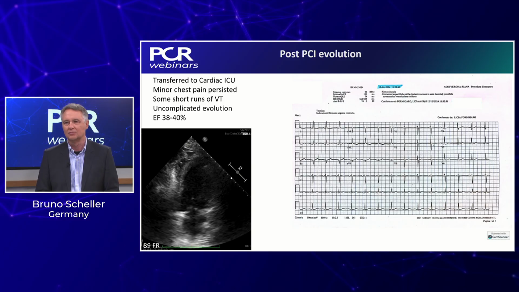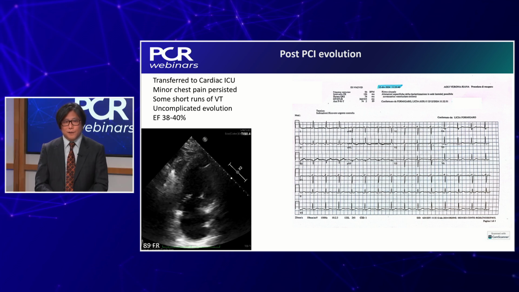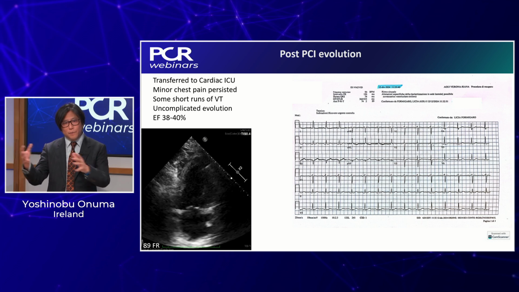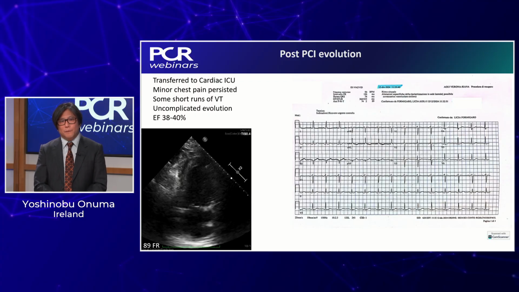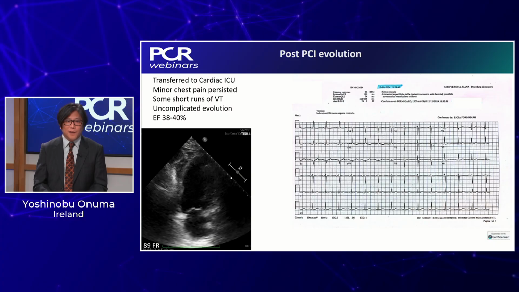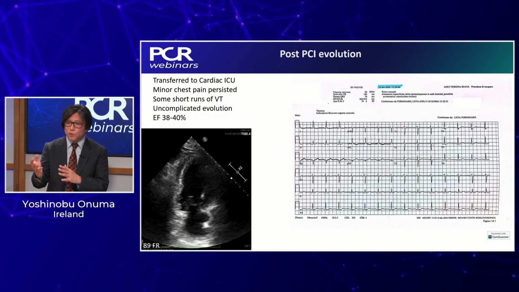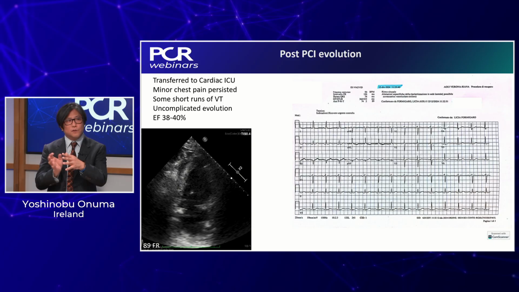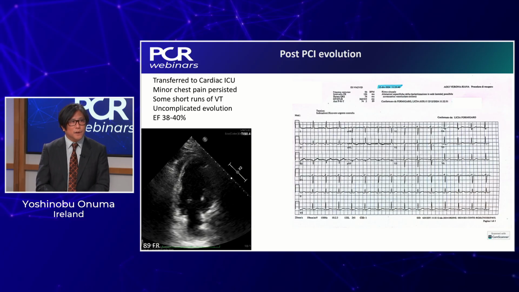Yoshi, your conclusion on this case? Yeah, I think it was a very challenging case, because of the fact that the patient was put back to the cath lab a second time. Personally, my concern is thrombus, because as mentioned by Bruno, the presence of a thrombus might influence the efficacy of the drug-coated balloon.